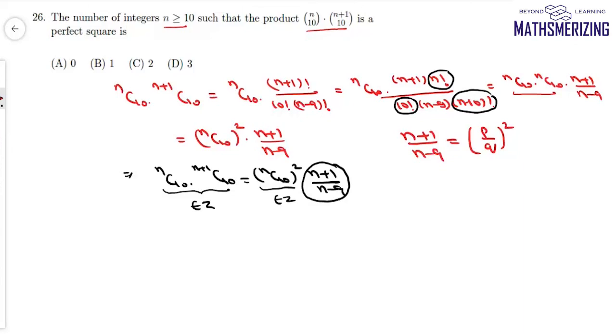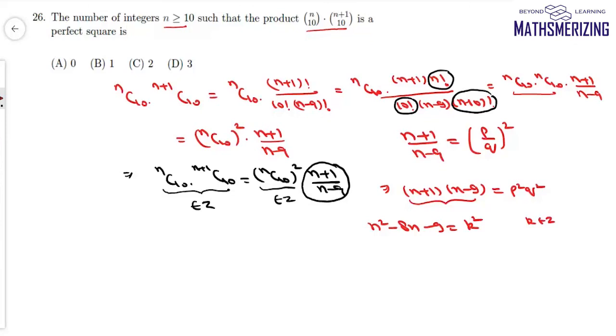Now another way of looking at the problem is we can write this as n plus 1 into n minus 9, and it should be p square into q square. So this product should also be a perfect square for the same values of n. If I multiply them, I'll write n square minus 8n minus 9, and this should be equal to some k square where k is an integer.